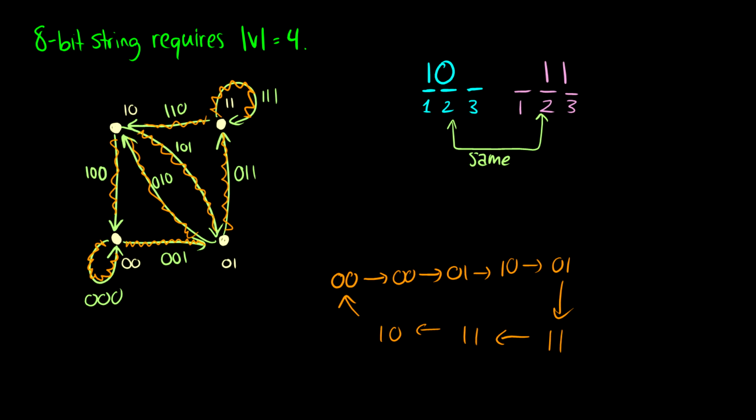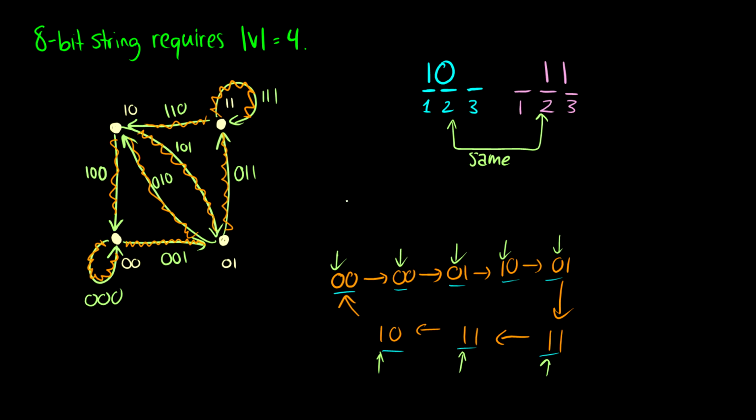Okay, so we need an 8-bit string. Well, let's take a look at this. We have 1, 2, 3, 4, 5, 6, 7, 8 vertices in our circuit. So what should we do? Well, we take the first number from each of our vertices, and then we just make a list of those numbers, and we follow the Euler trail.